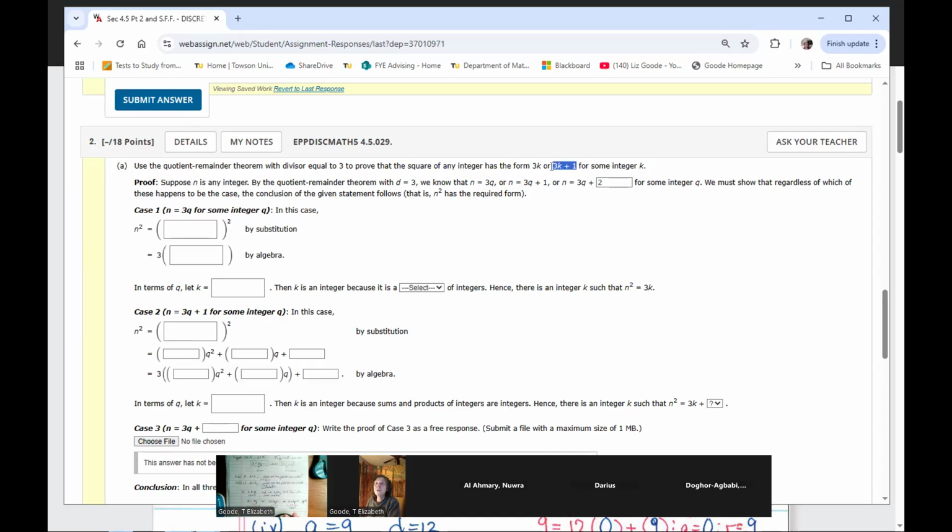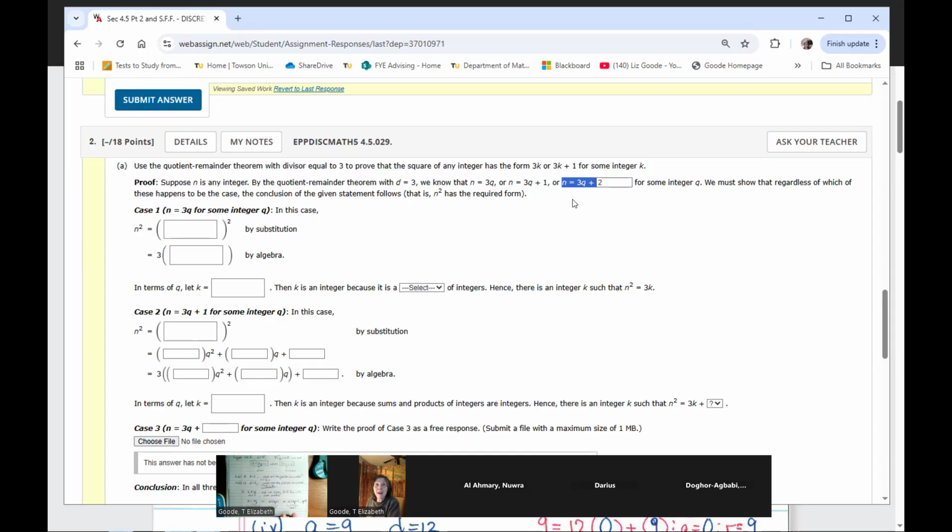So you were thinking that we would only have cases where the integer n would look like 3k or 3k plus 1, weren't you? And you were trying to figure out what could possibly go here. Is it 0 or is it 1? No. We still have 3 cases because we don't know what the remainder is when we divide n by 3.